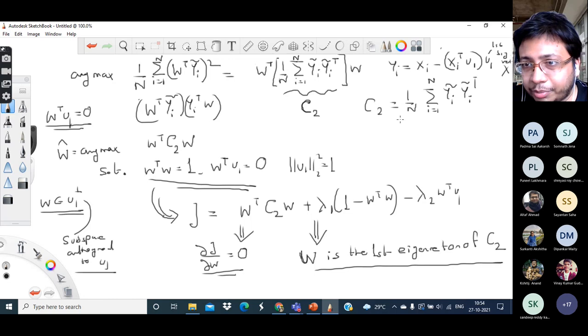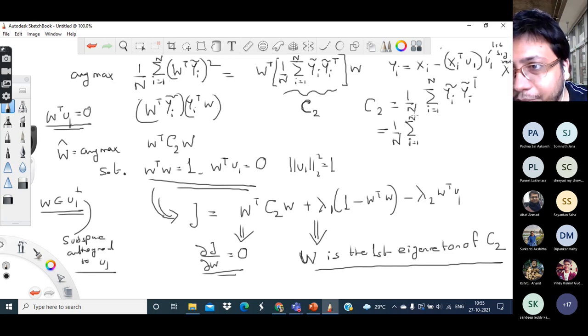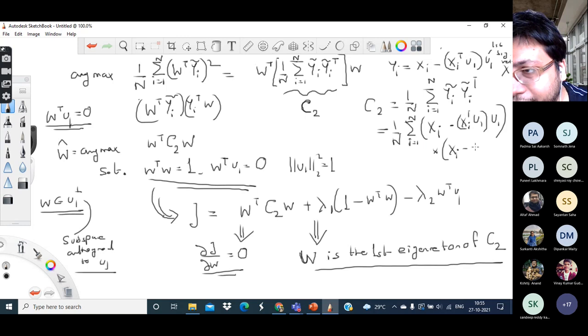Now what happens to this C2 matrix? You can do a bit of mathematical jugglery by bringing this in. I write xi minus xi transpose u1 times u1, times xi, the whole thing once again taken transpose.